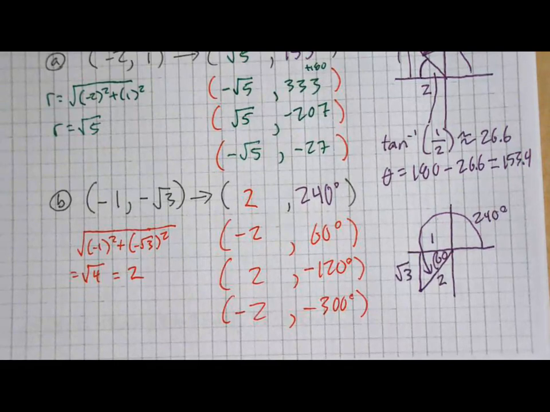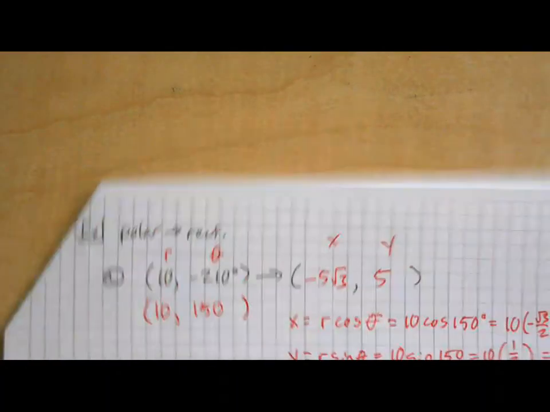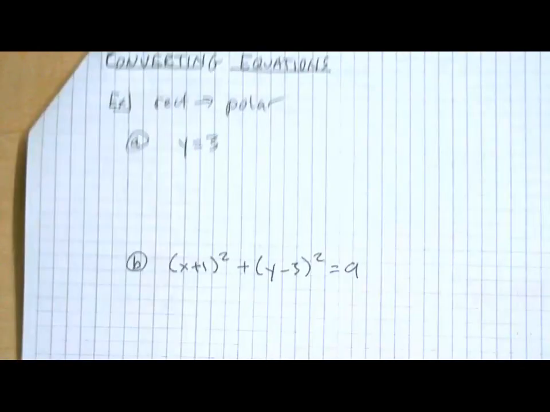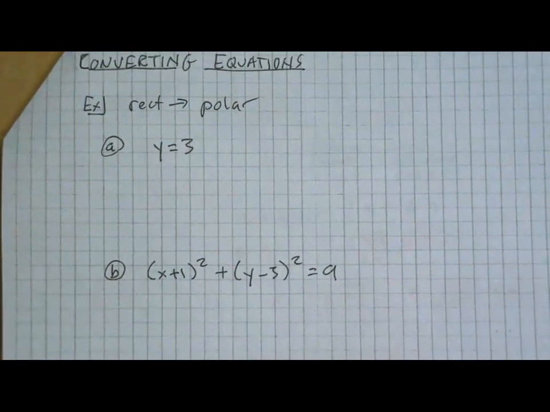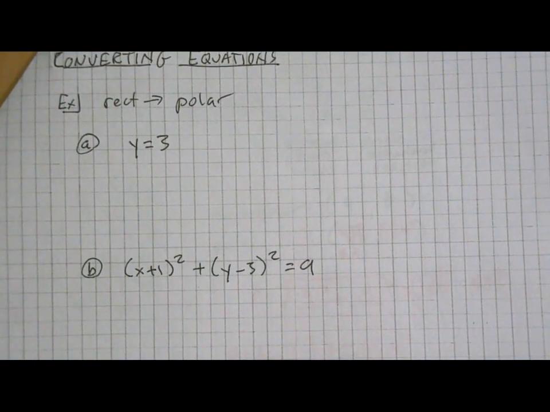All right. Let's do some equations. This will be a little bit trickier. We are going to convert equations. These are both rectangular equations. How do I know they're rectangular equations?